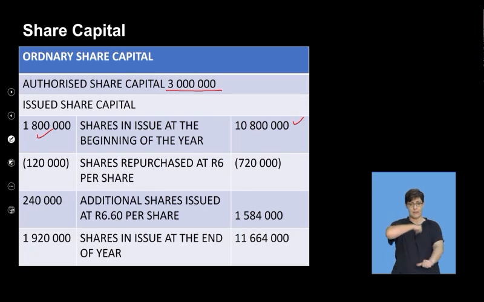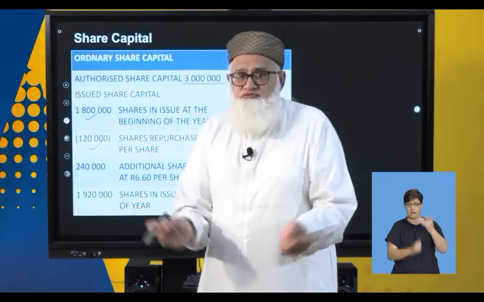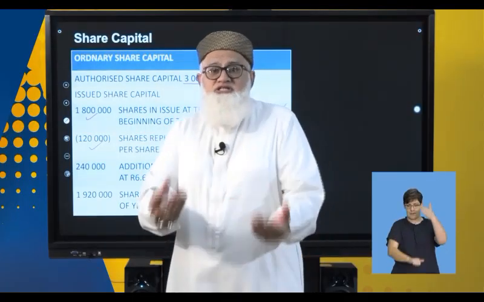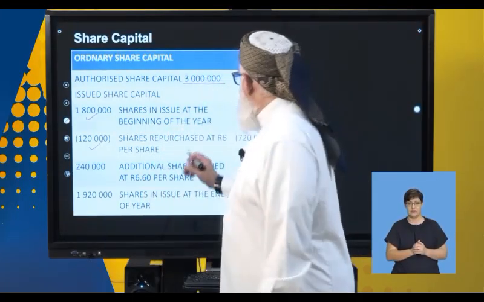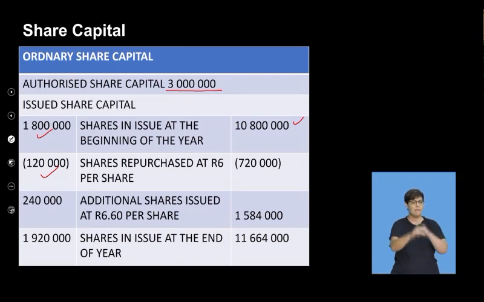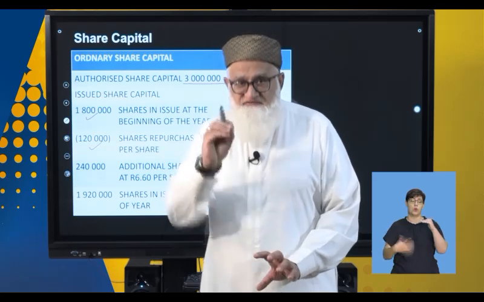Now we come to the repurchase. We repurchased 120,000. Notice in brackets, because obviously you're subtracting. In accounting, the use of the bracket indicates we are subtracting the amount. How much were these shares repurchased at? Watch, guys, important. In share capital, you work with the average price. Very, very, very important.